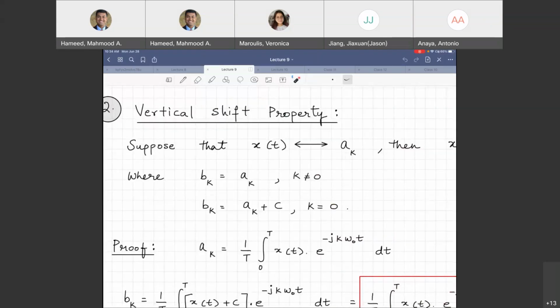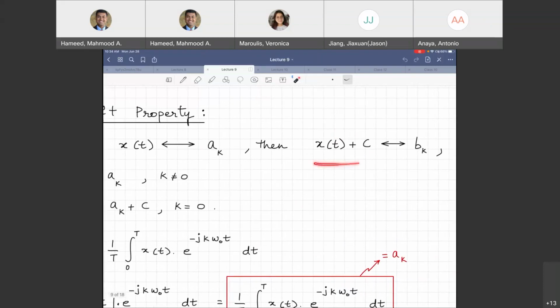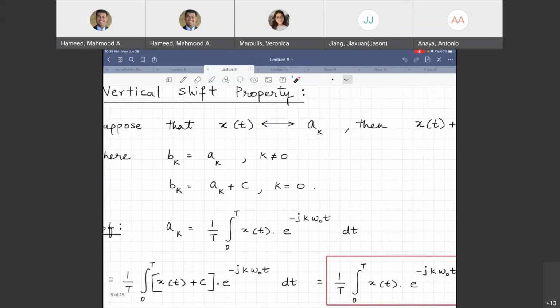We are assuming that x of t is our periodic signal whose Fourier series coefficients are A sub k. And we are going to add some DC value to the signal, offset it by some constant C. C could be positive or C could be negative. The coefficients for this vertically shifted periodic signal are B sub k. So what would be B sub k?